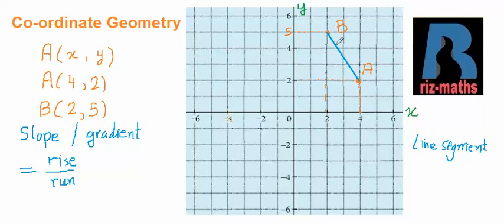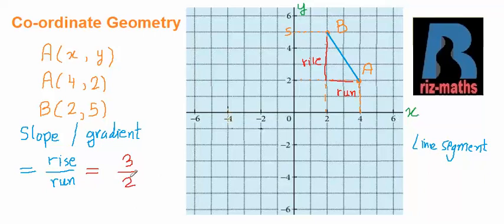Here in the diagram, this is the rise and this is the run. The rise is from 5 to 2, if we count, 1, 2 and 3, so 3, and if we count the run, it is 1 and 2.